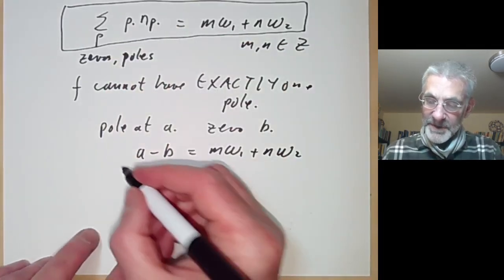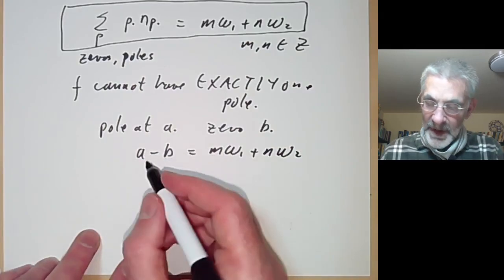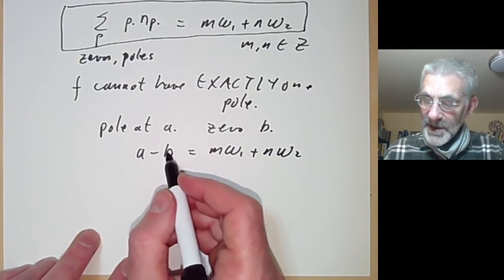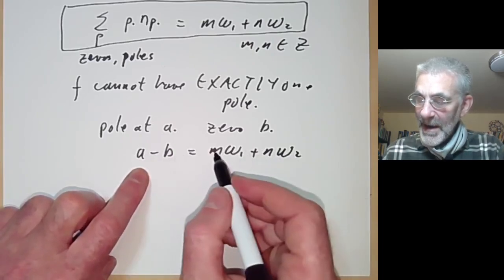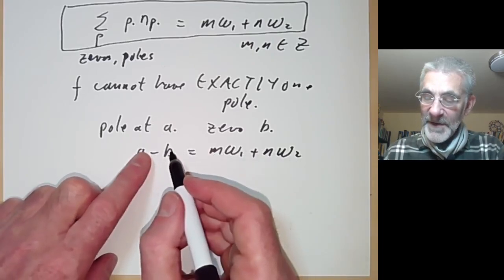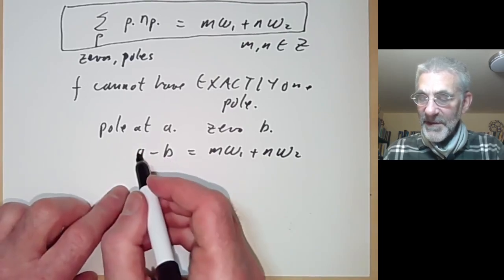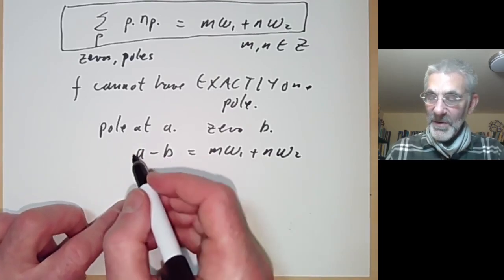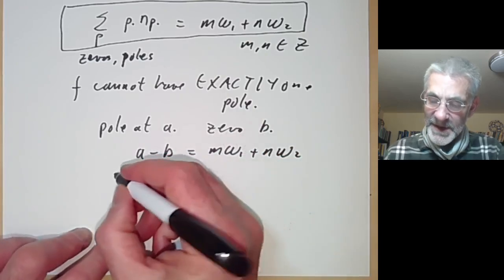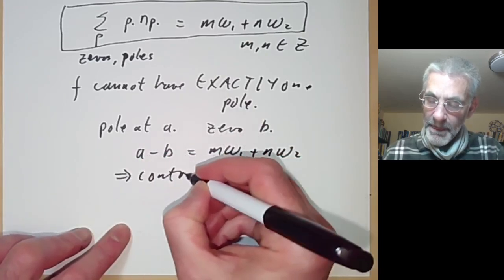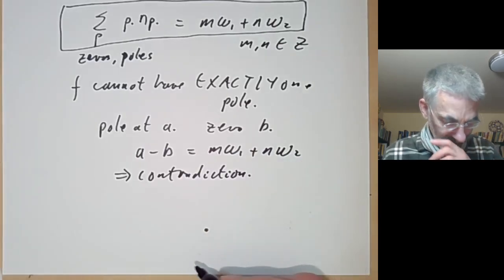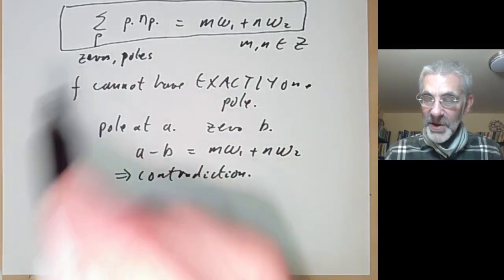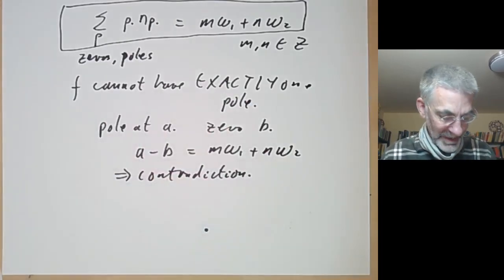But that means A and B differ by m omega 1 plus n omega 2, and if it's got a 0 at B, then it must have a 0 at A by periodicity. But we've just said it's got a pole at A, so this gives a contradiction. So an elliptic function can't have exactly one pole in the fundamental domain.